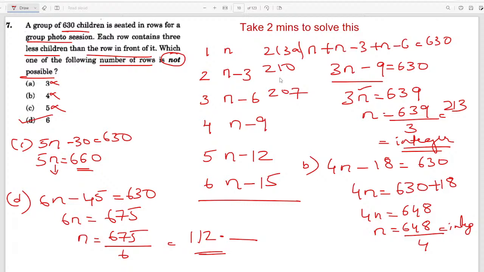I hope this is clear. If you have any doubt, please ask. You're welcome, Sahil. So if there is any doubt in this question, please ask, or else we'll move to the next question.